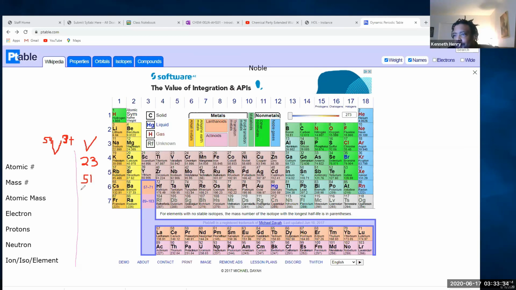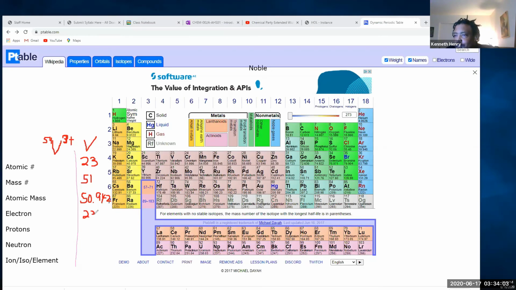Atomic mass. It would be 50.942. Okay. Number of electrons: 23.